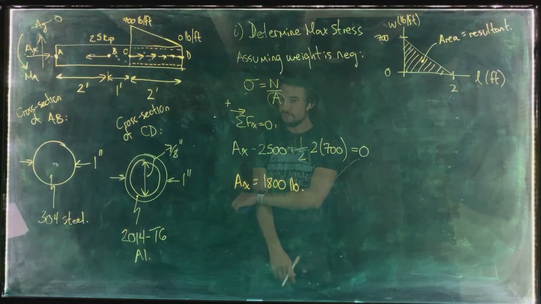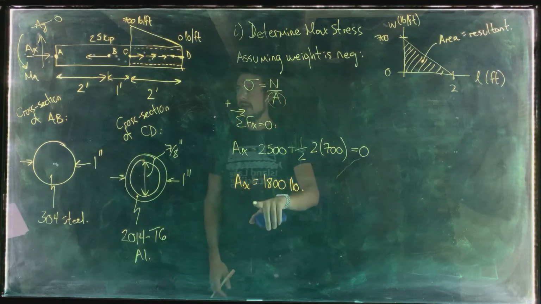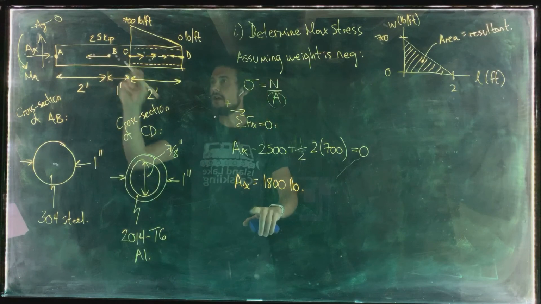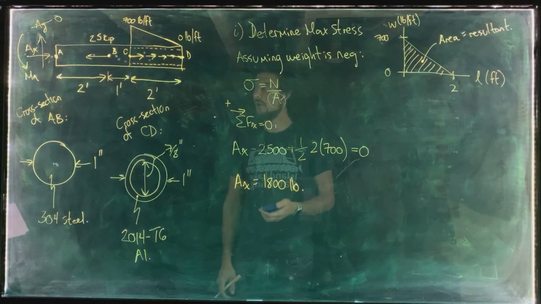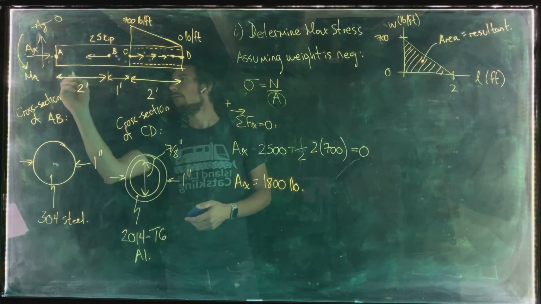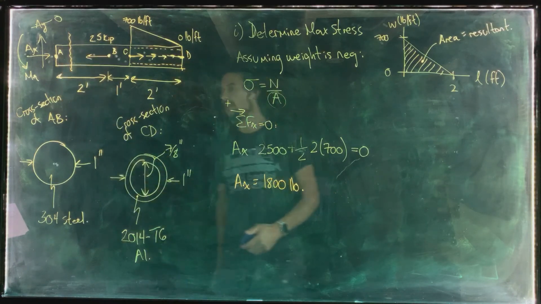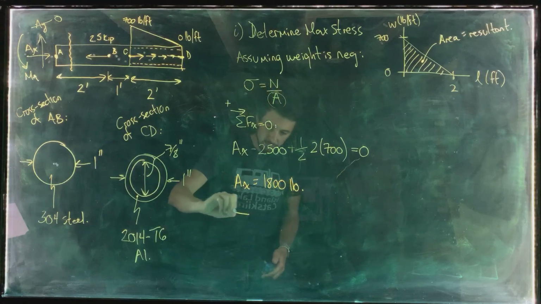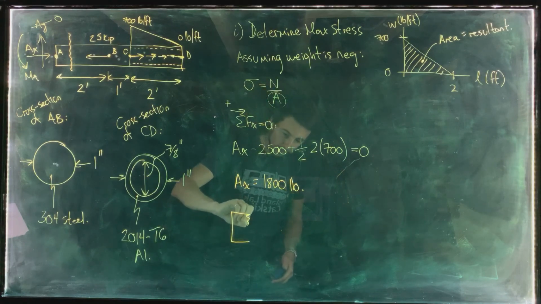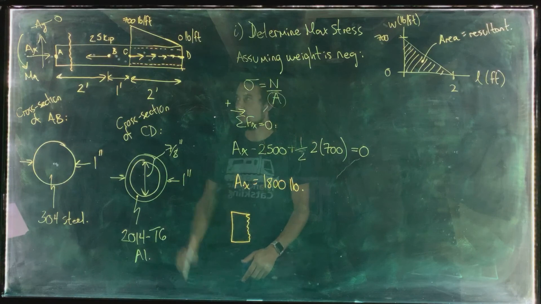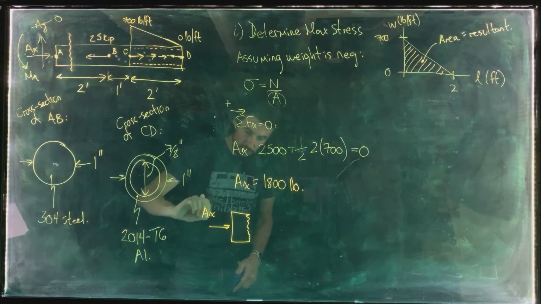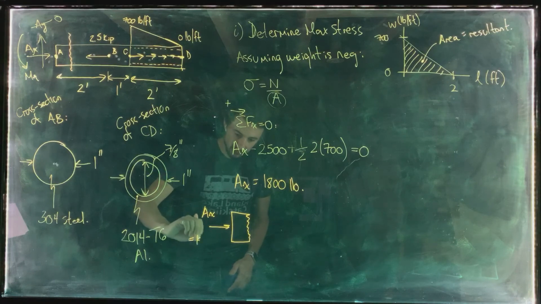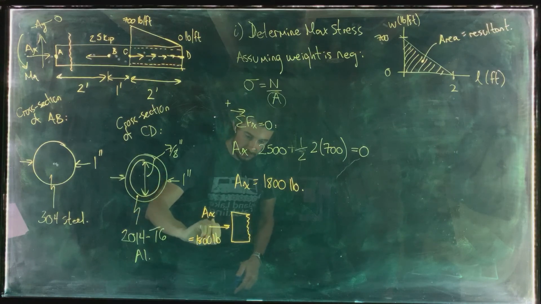Now that we've got AX, we can think about sectioning our object in a couple of locations and looking for where the internal normal force is maximum. If we section the object here between A and B, then our free body diagram looks like this, where we've got AX here, which we know now is 1,800 pounds.